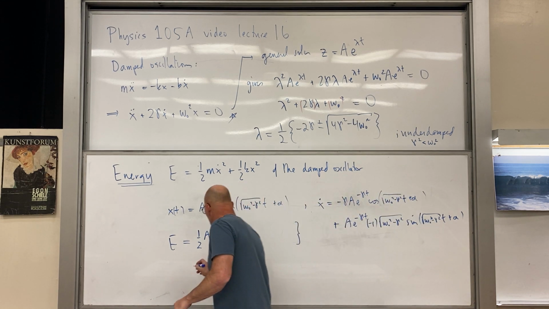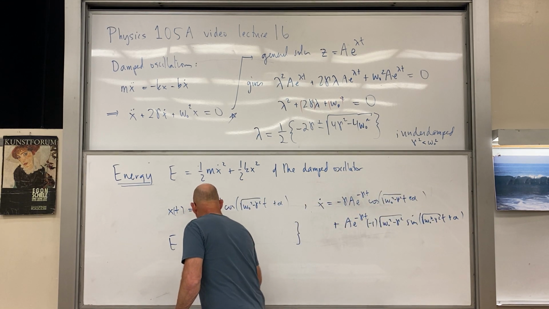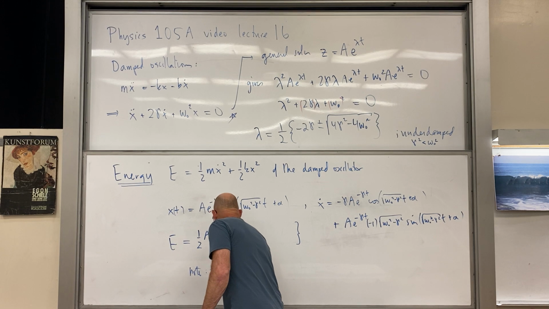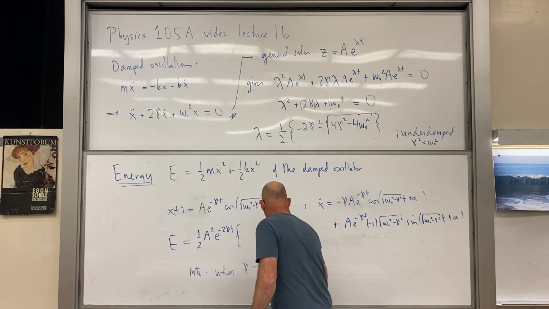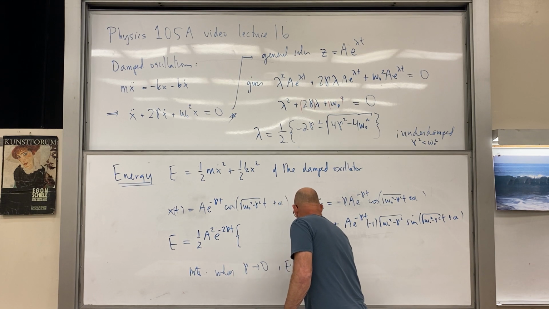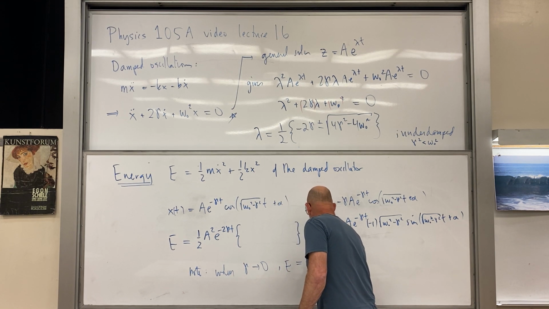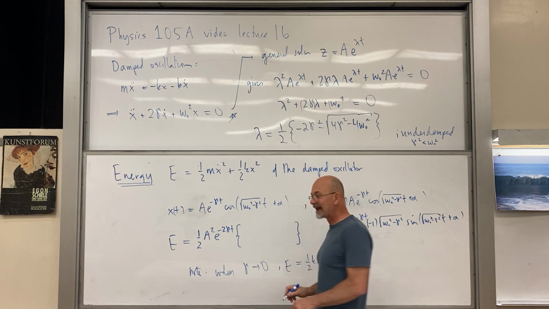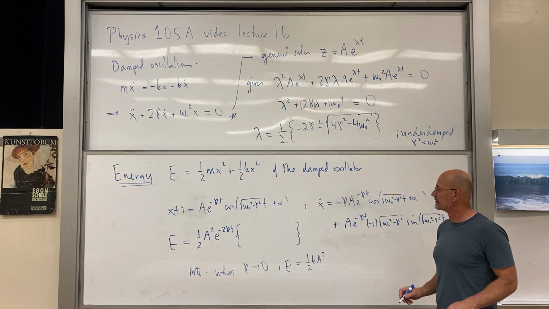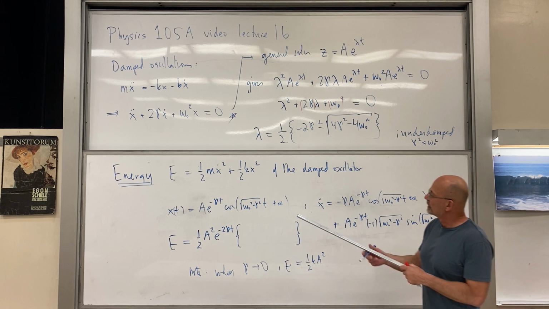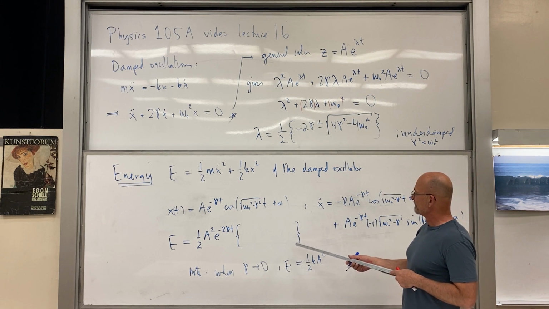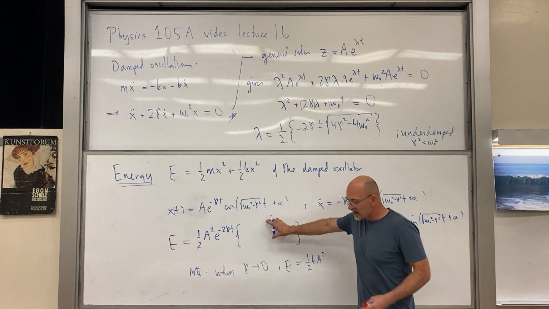So I'll even put this as a note. When gamma goes to 0, E of course turns into 1/2 k a squared, as it was before, okay? 1/2 k a squared. What we want to do now is get a handle on this thing.